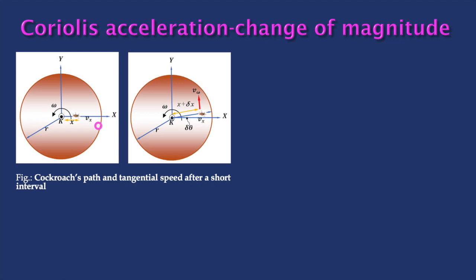In the next interval delta t, after delta t, the cockroach has moved a larger distance x plus del x, as it has a linear constant velocity Vx with respect to the disk.